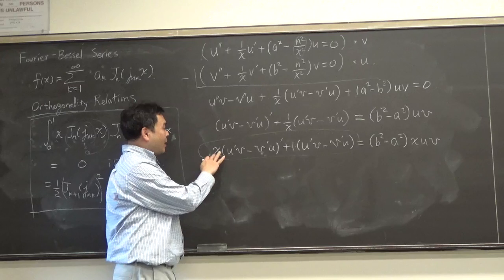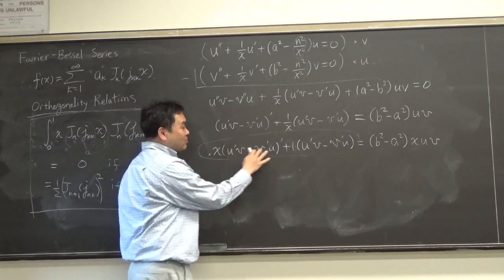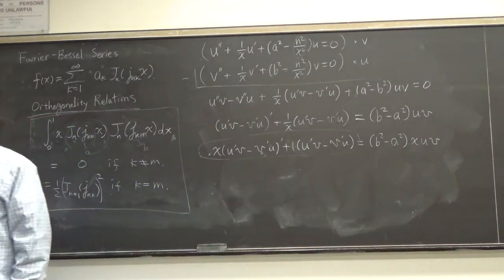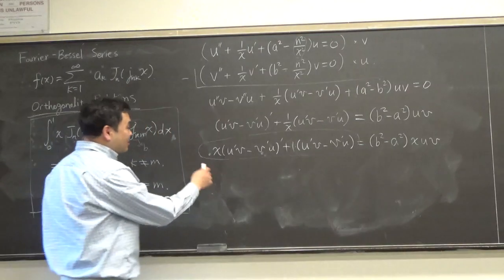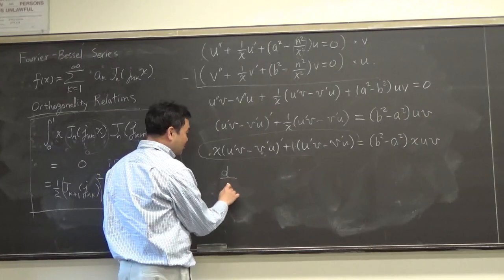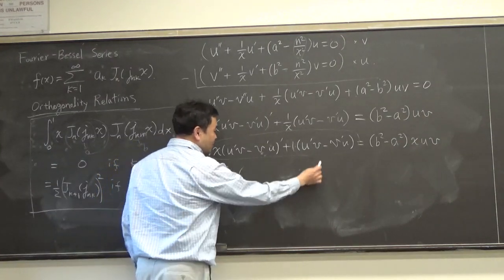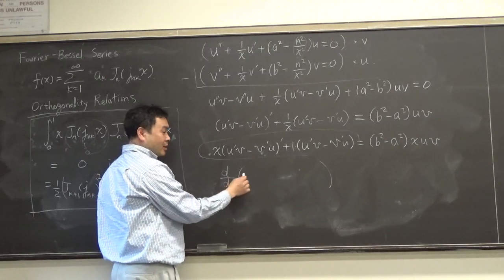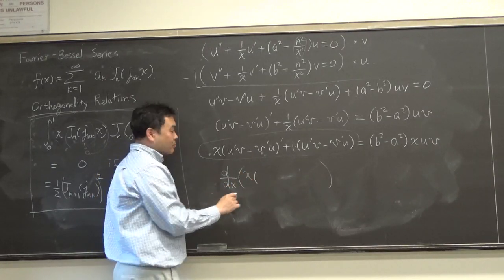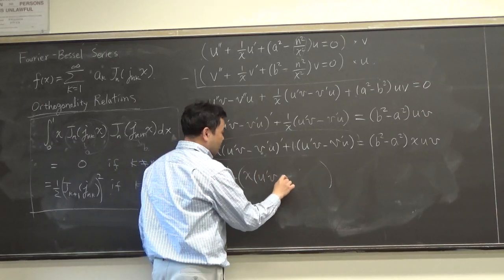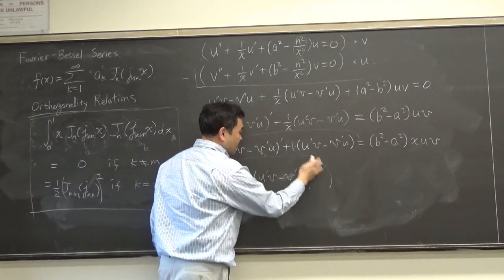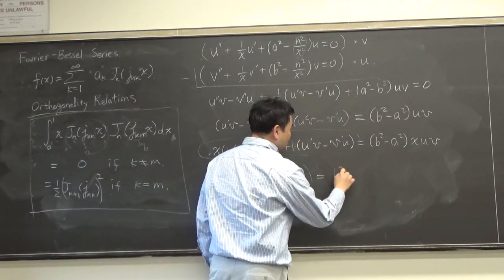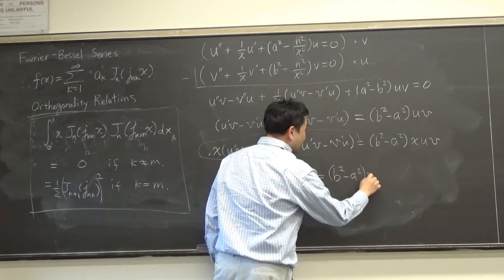So you have f of x times g prime of x plus f prime of x times g of x. So I can rewrite this entire thing as d dx of x times u prime v minus v prime u, equal to b squared minus a squared times x uv.